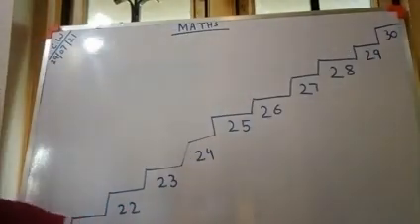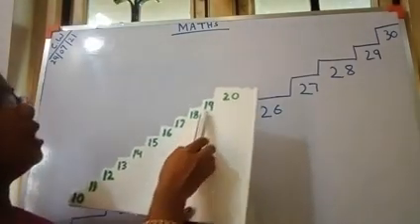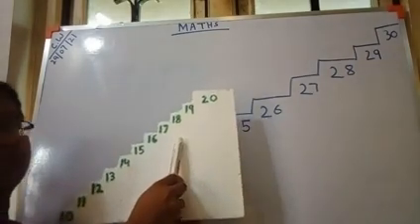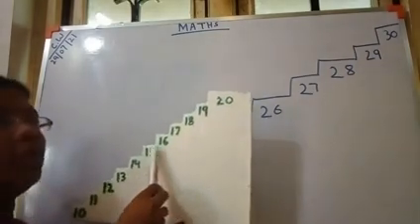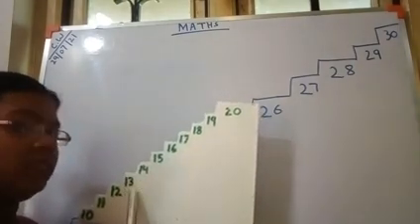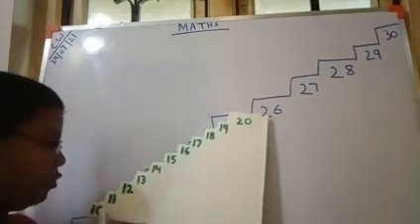Okay. Again you say, 20, then 19, 18, 17, 16, 15, 14, 13, 12, 11, 10.